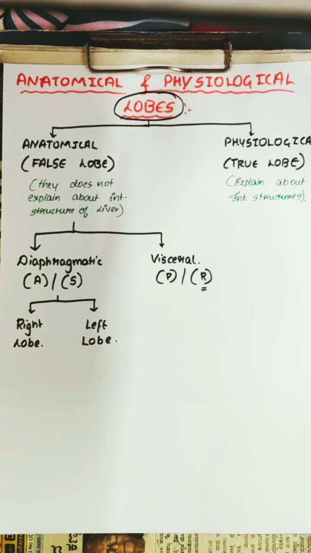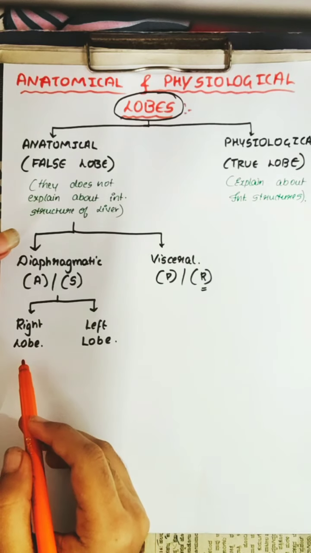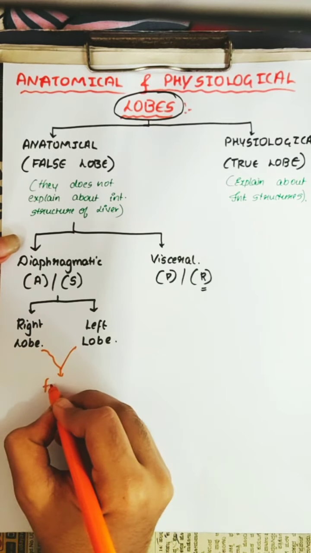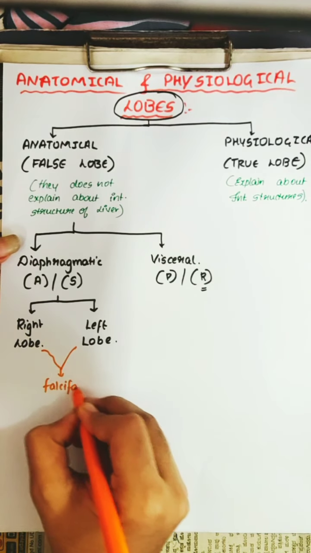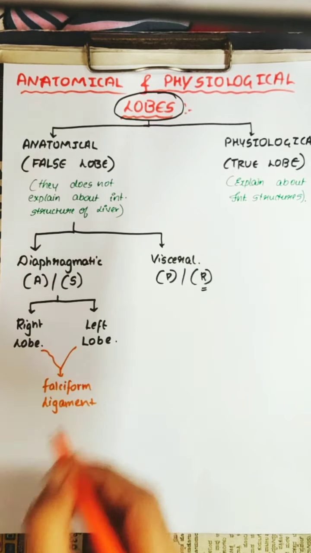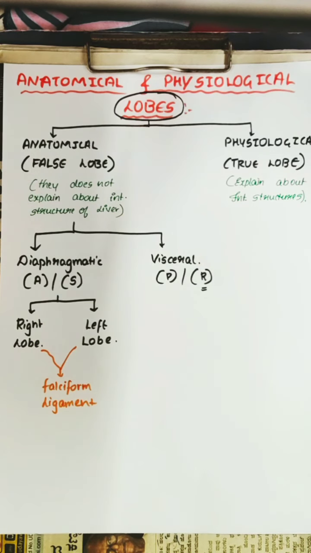The left lobe and right lobe are classified by whom? It is classified by falciform ligament.